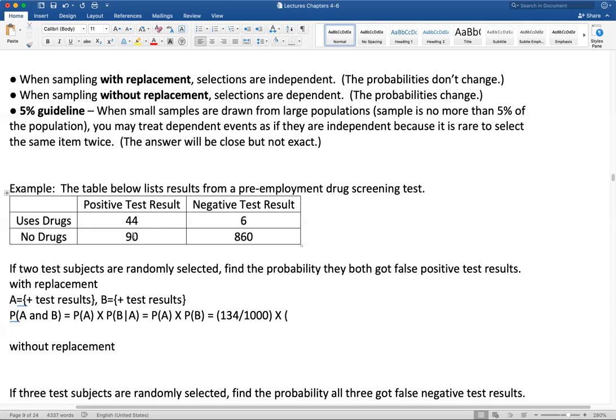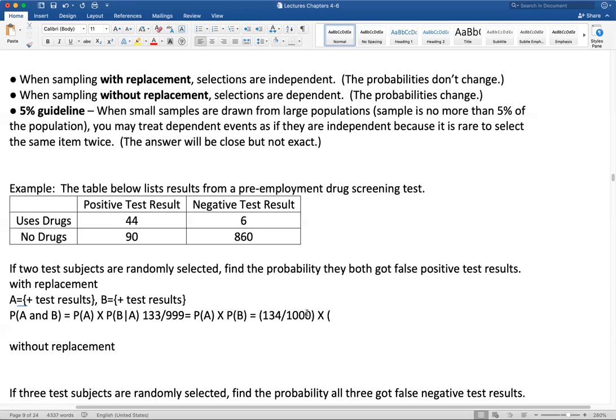Without replacement, we don't put that screening test back. So the total number of persons with a positive test result is reduced to 133, and over how many now? Because we picked one screening test and don't put it back into the sample space, the total sample space is reduced by one to 999. So it's going to be 133 over 999.